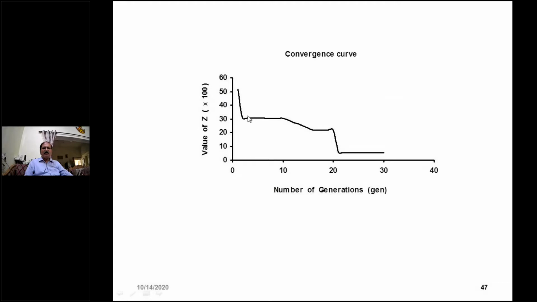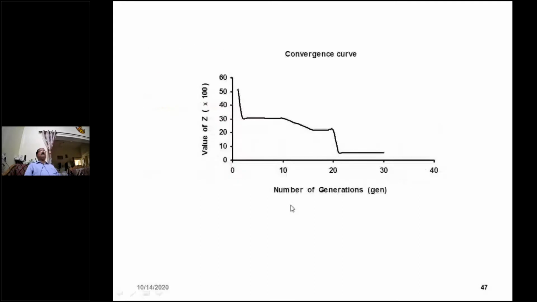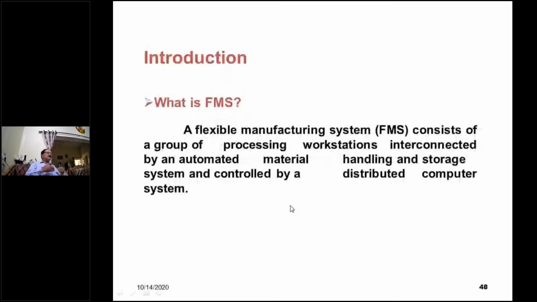So this is the convergence score given using the genetic algorithm. So this is how we can use genetic algorithm, a combinatorial version, for producing machine cells in cellular manufacturing.